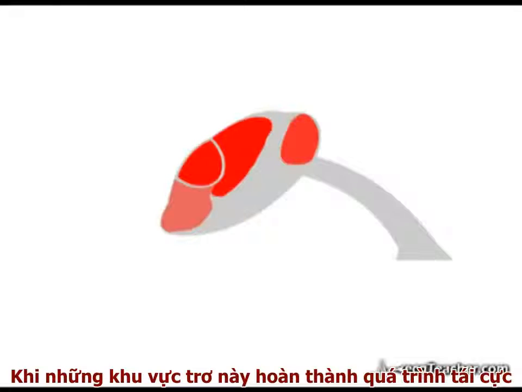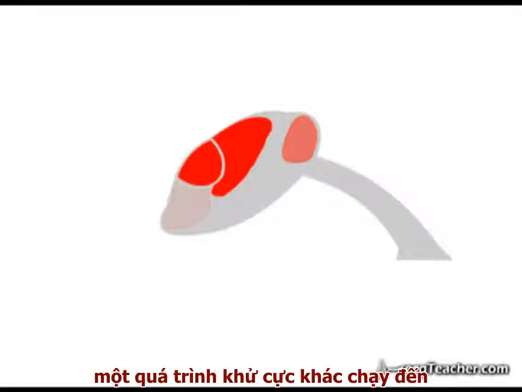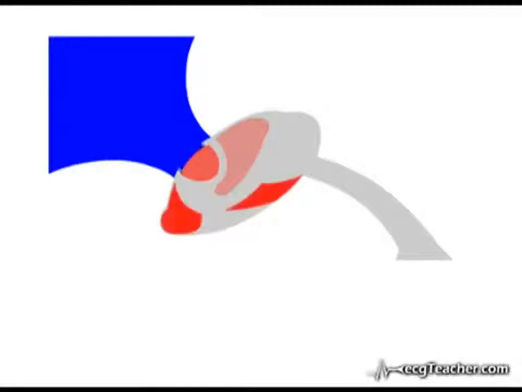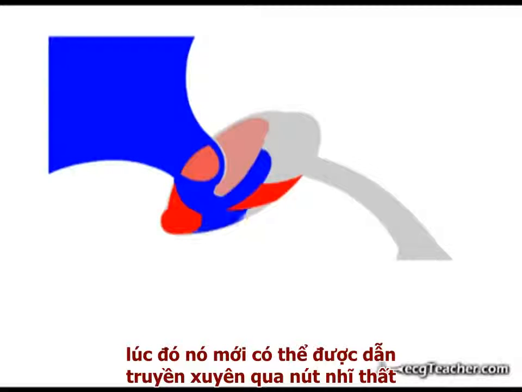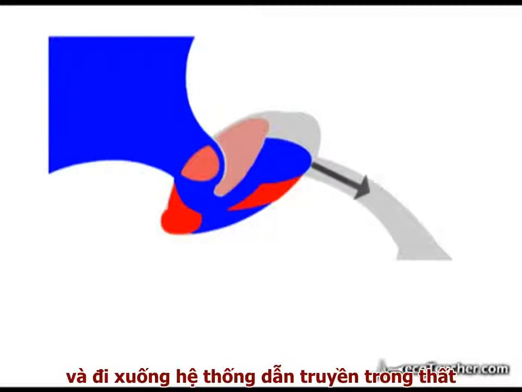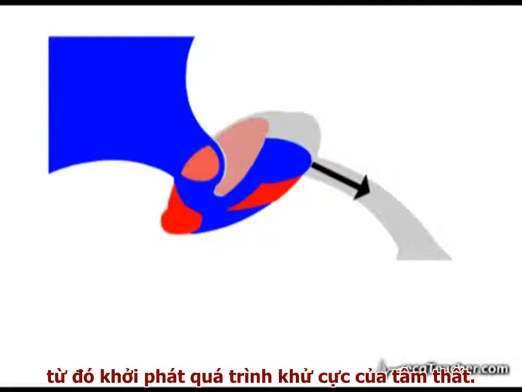As these refractory regions complete repolarization, a depolarization event arriving at the same point, at a slightly different time however, may manage to negotiate its way through the node and discharge into the ventricular conducting system, triggering ventricular depolarization.